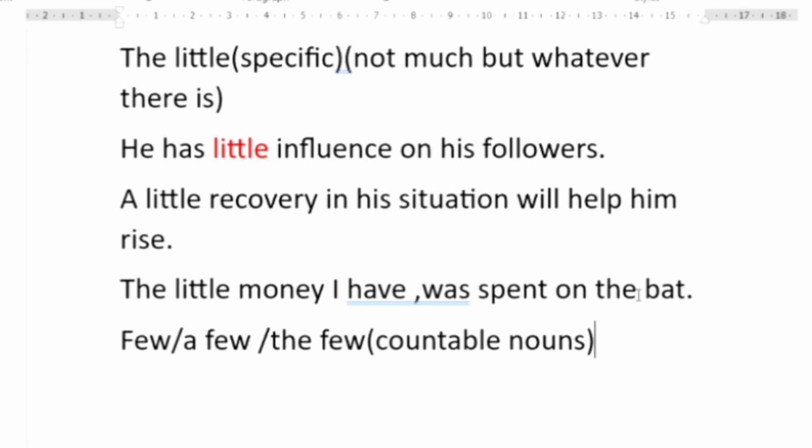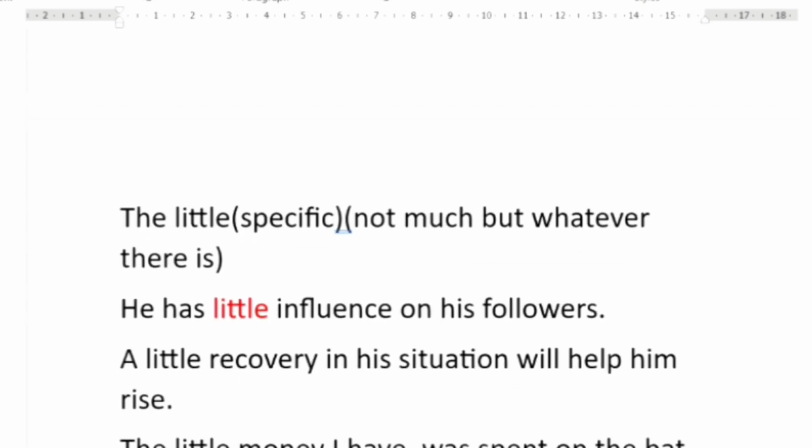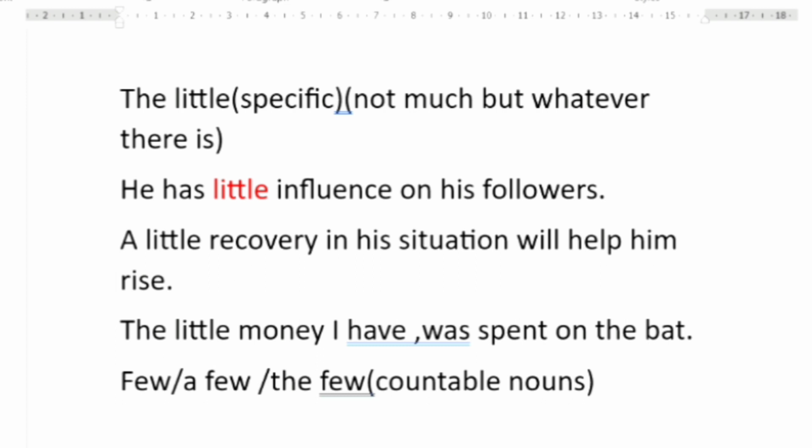So I hope you have understood determiners. I'll just give you some sentences with few, a few, and the few. Few persons can keep a secret, means not many.